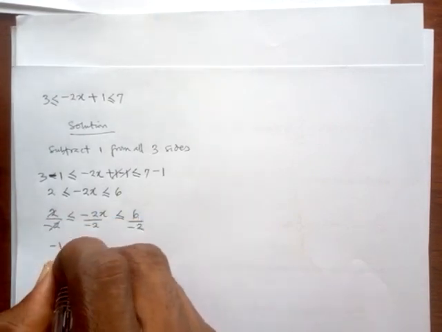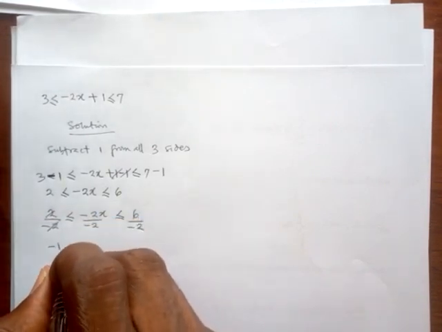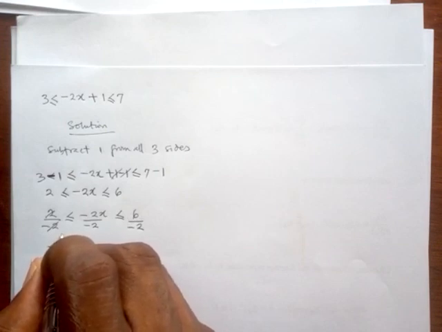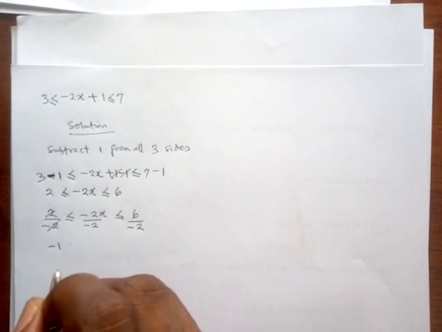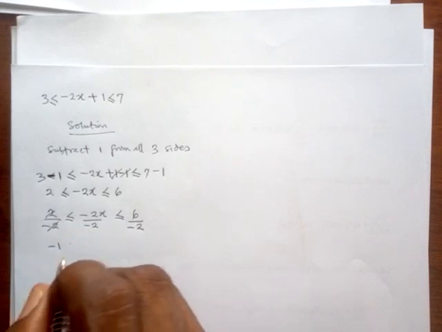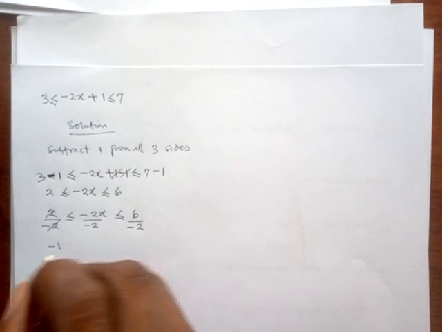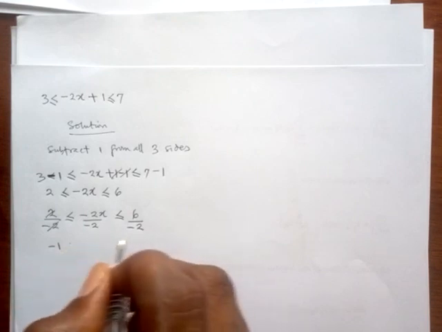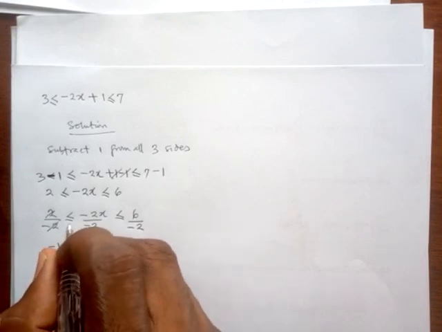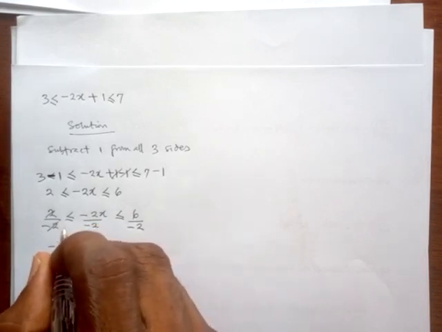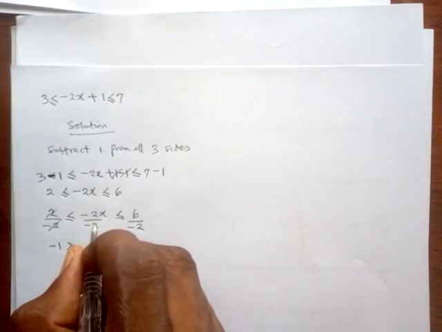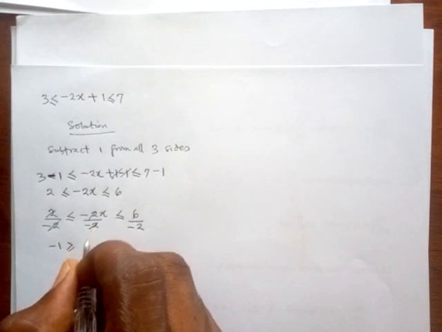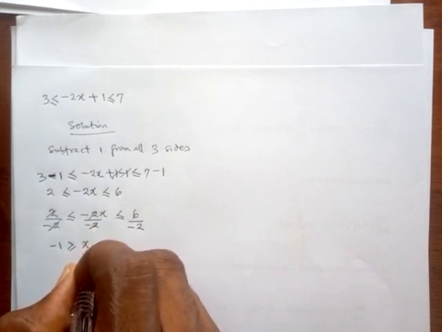We have minus 1. Now remember, the rule says that whenever you're dividing both sides by a negative value or multiplying both sides with a negative value, the inequality sign will reverse. So this becomes greater than or equal to. Minus 2 will cancel out, this will be 1, that is x.